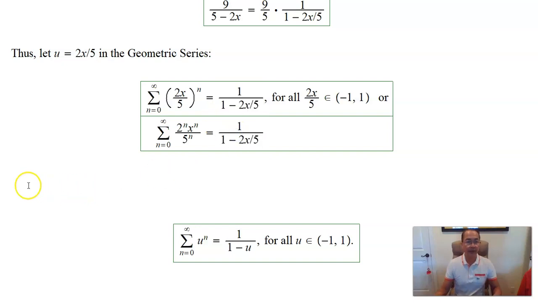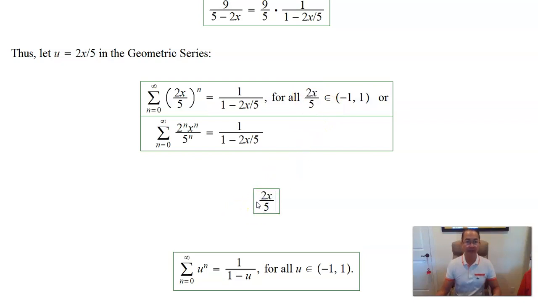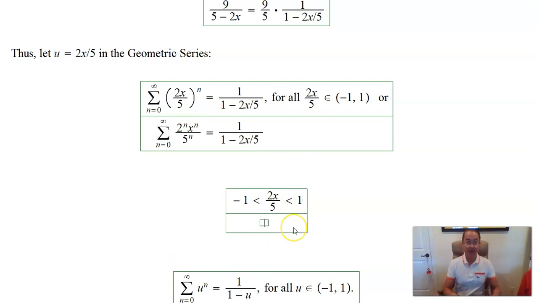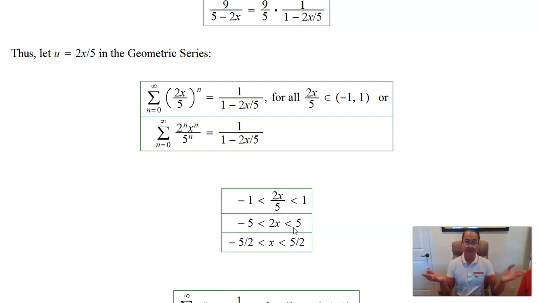Right side, and so let's think about this. We want 2/5 x to be between -1 and +1. Multiply everything by 5. You want to do this one at a time. -5 less than 2x less than +5. Now divide by 2, so -5 over 2 less than x less than 5 over 2.